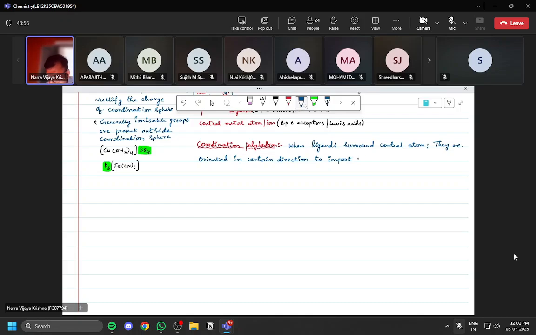That geometry is called the coordination polyhedron.